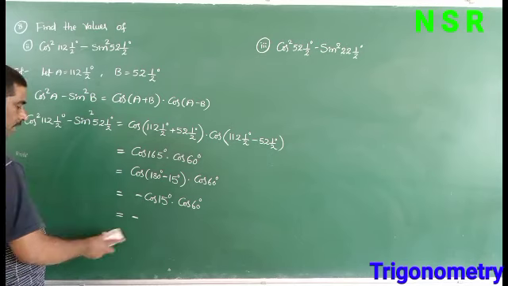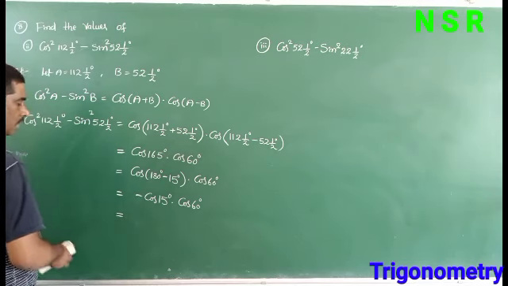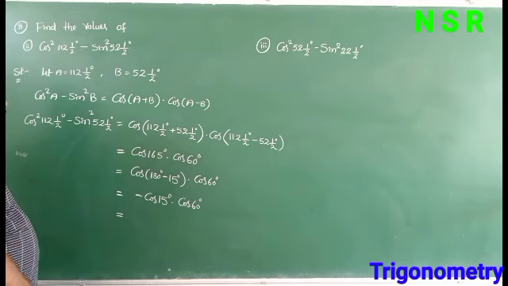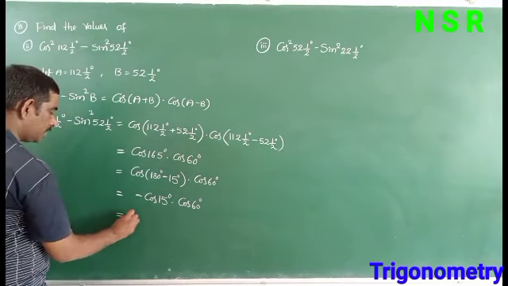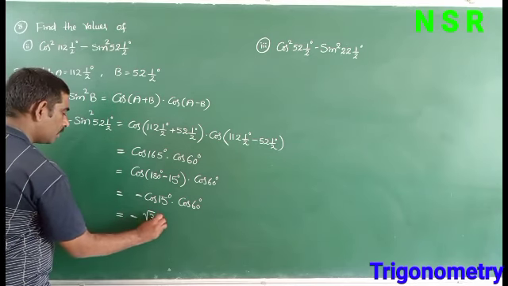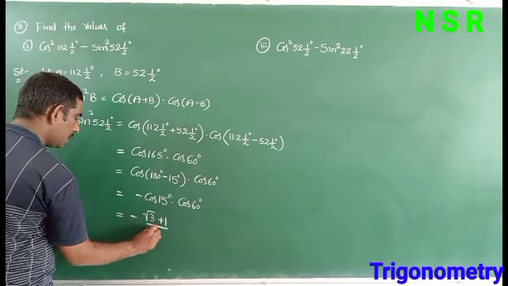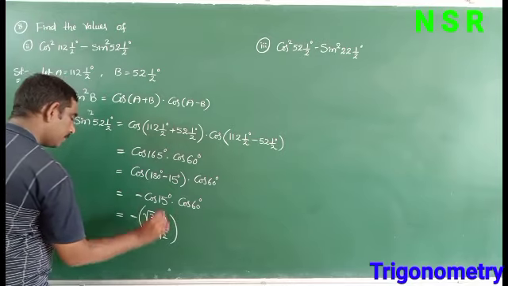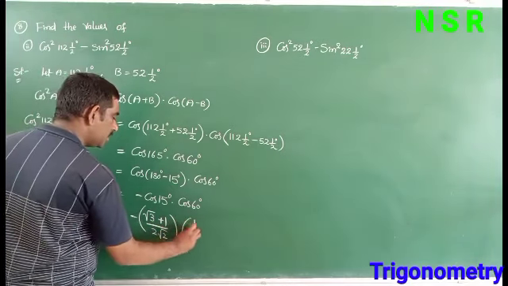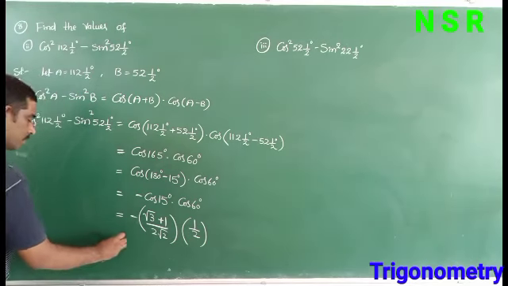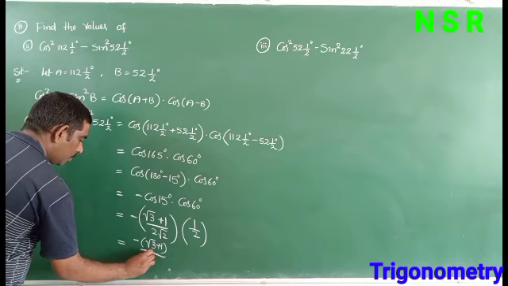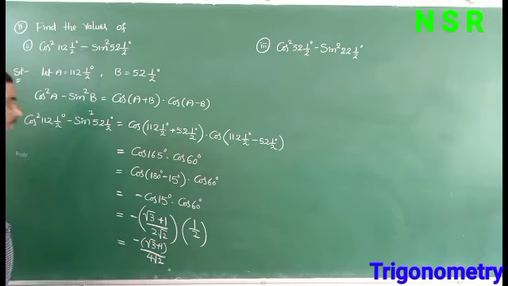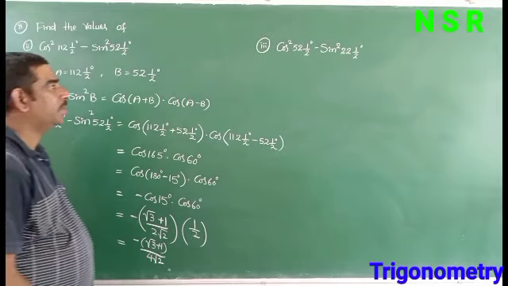Cos 15 means cos of 45 minus 30. So minus of cos 15 value, which is root 3 plus 1 by 2 root 2, into cos 60 value 1 by 2. So we can write minus of root 3 plus 1 by 2 root 2 into 2, we get 4 root 2. So this is the value of cos square 112.5 minus sin square 52.5.